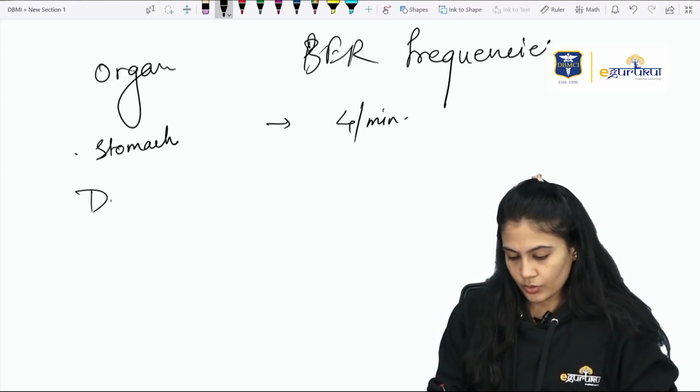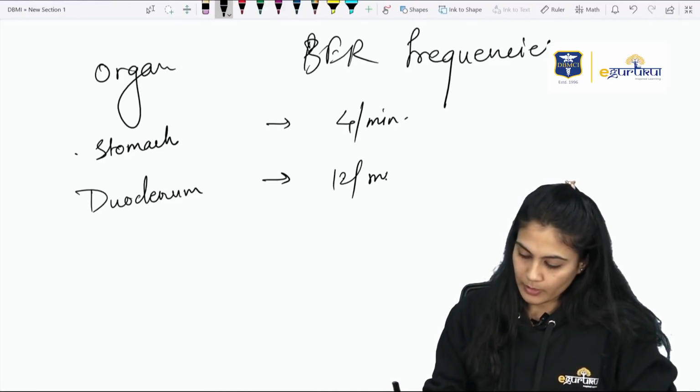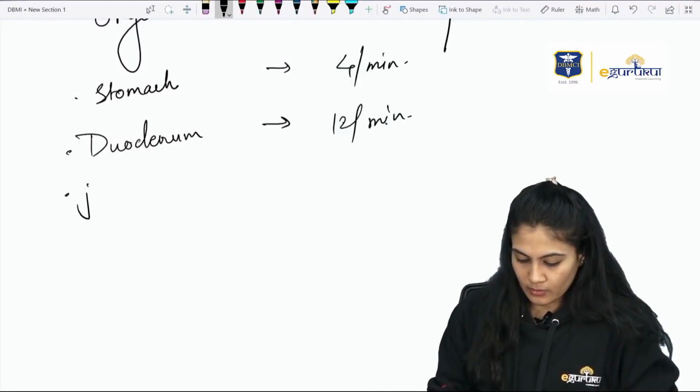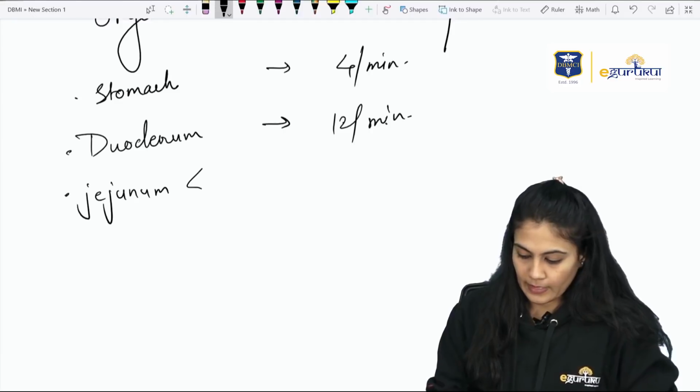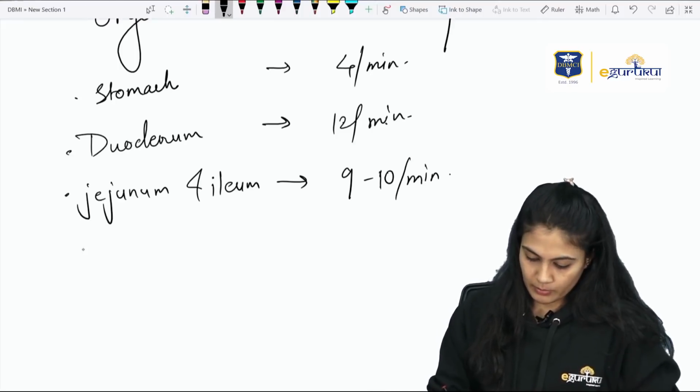Duodenum: they have a maximum of approximately 12 per minute. The rest of the small intestine, jejunum and ileum, has a range of 9 to 10 per minute.